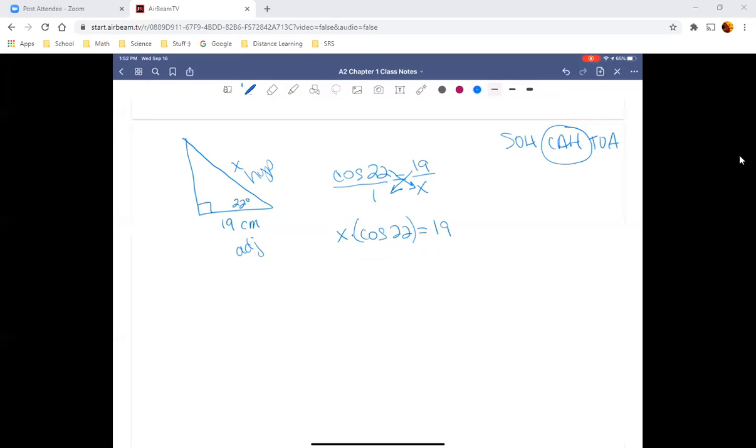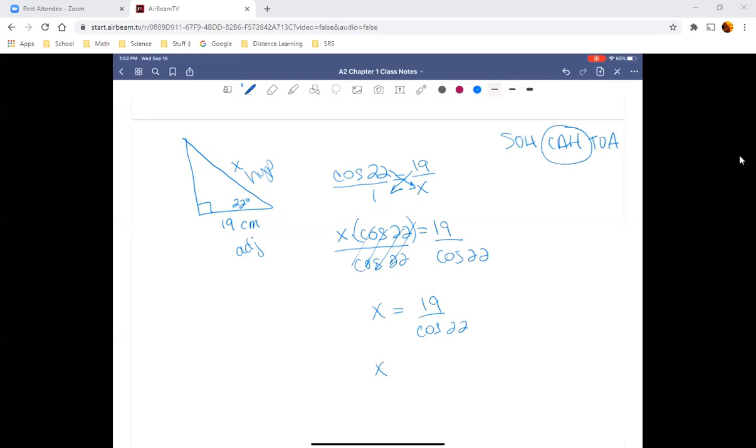So we got to get rid of that cosine of 22 on the left side. Anybody know how we can get rid of it? Do it on calculator. Divide both sides by the cosine of 22, because that cancels all of this out, right? So now you got x equals 19 over the cosine of 22.